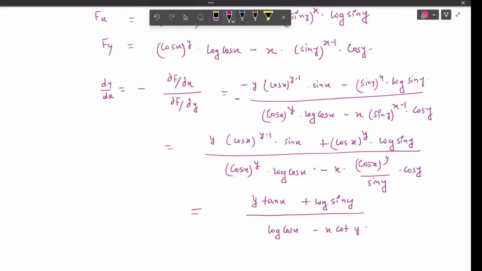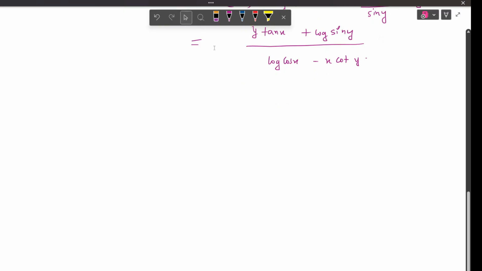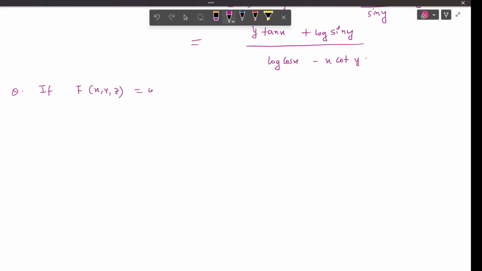So that's how you have to use these theorems. Now let us see another question so that it will be clear. Next question is, if f of x, y, z is 0, prove that delta x upon delta y of z into delta y upon delta z of x into delta z upon delta x of y is minus 1.